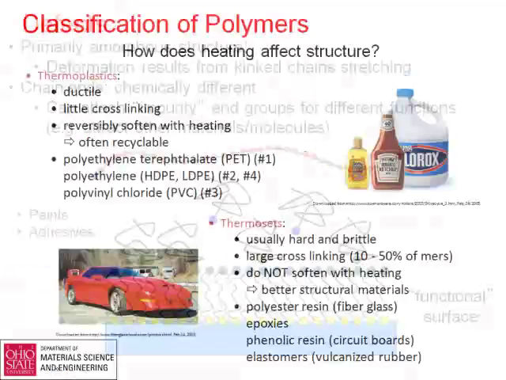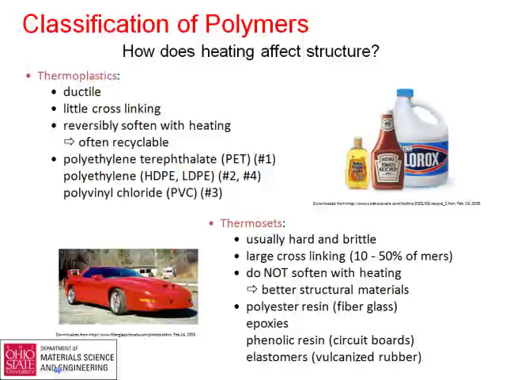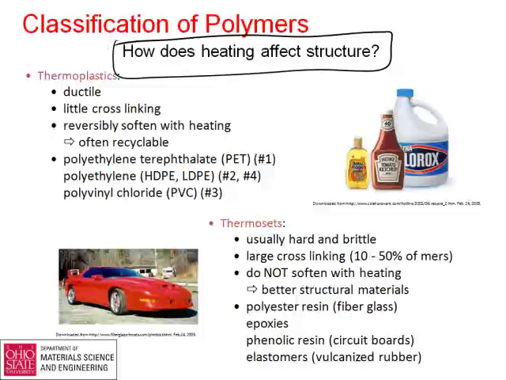So again, we can classify polymers, and a lot of it has to do with how heating affects structures. Again, I already gave you the basic definition of thermoplastics and thermosets. Thermoplastics are things you can melt and resolidify, and so long as you don't damage the chain weight too much, you can reuse polymers quite a bit.